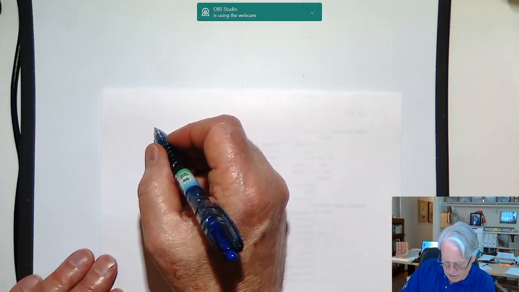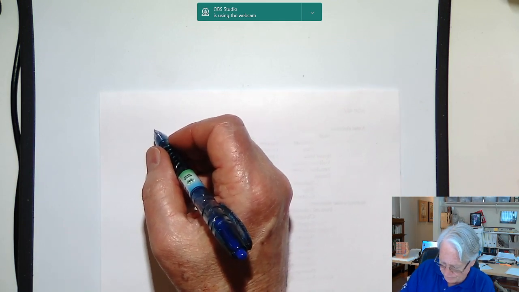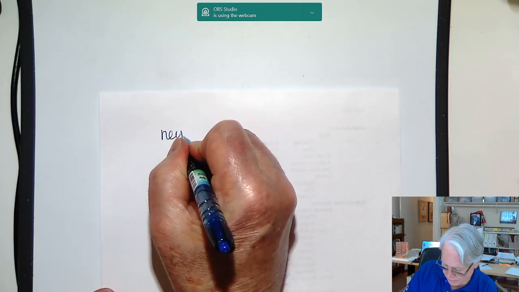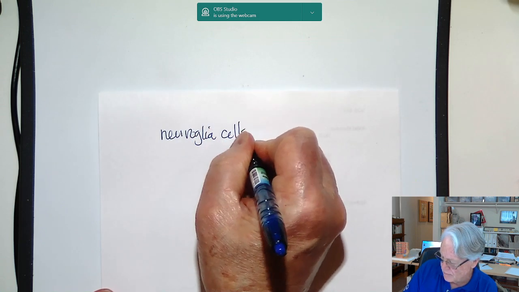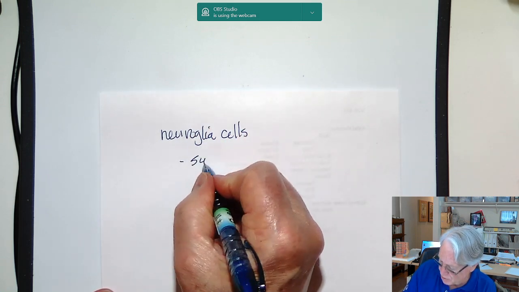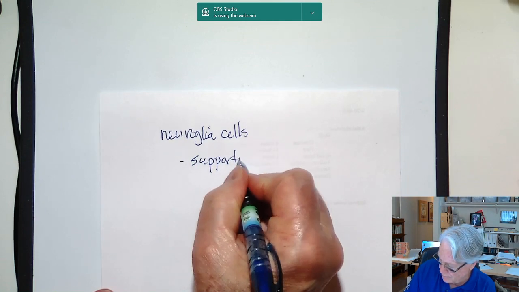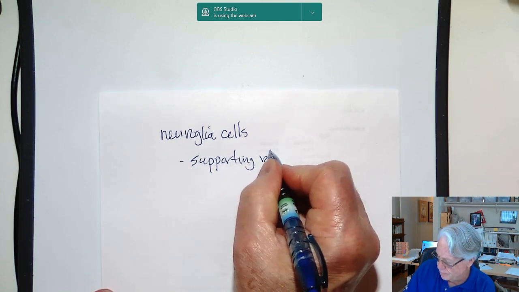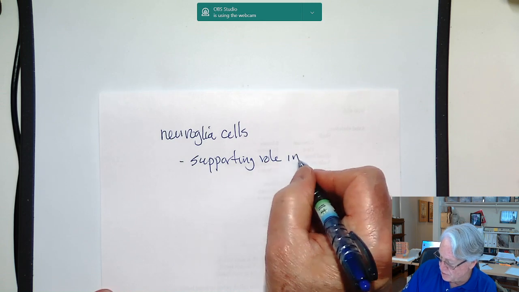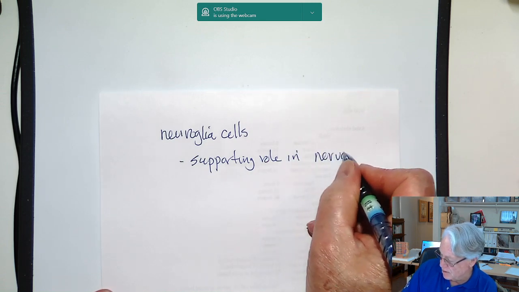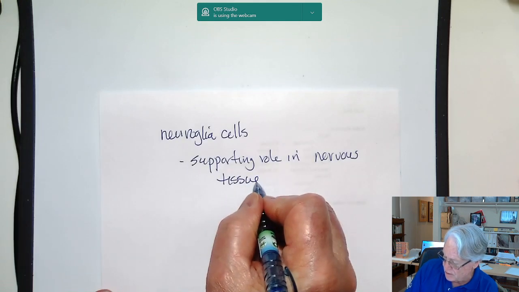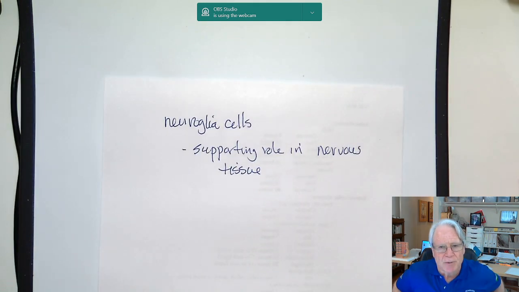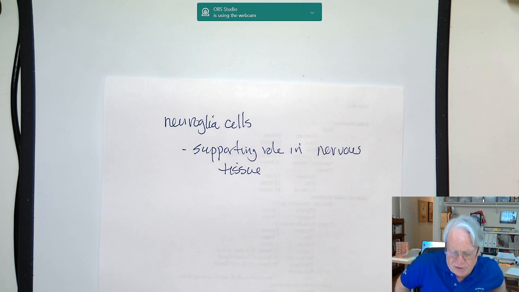So neuroglia cells. And they have a supporting role in nervous tissue. And I'm not going to talk about what they do in detail, but I will tell you that without neuroglia cells, your nervous system would not function.